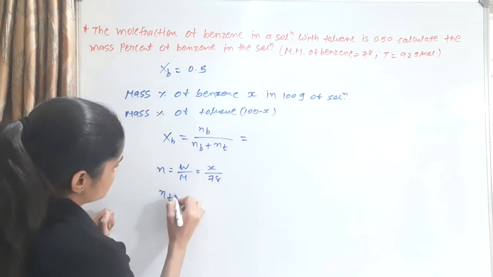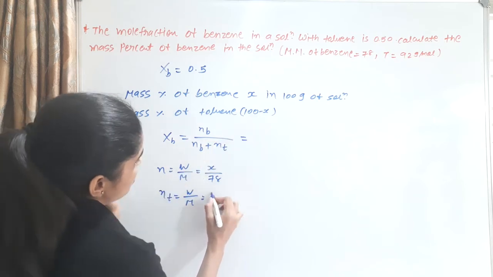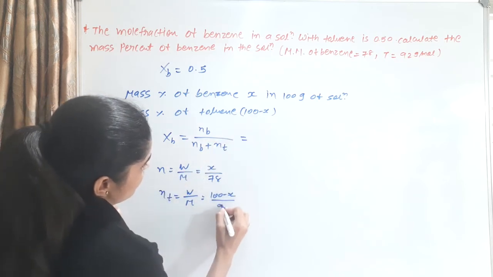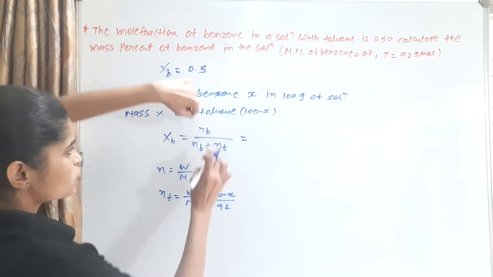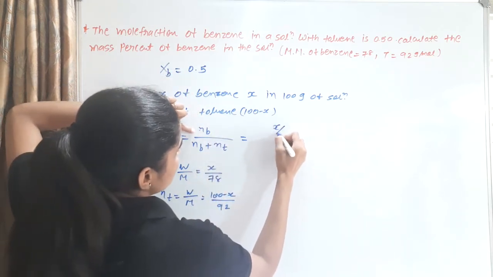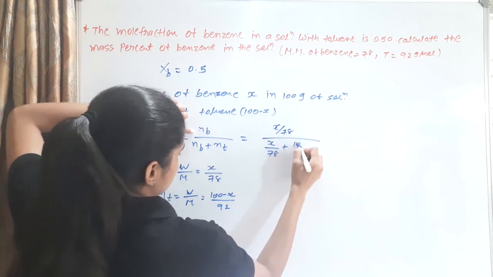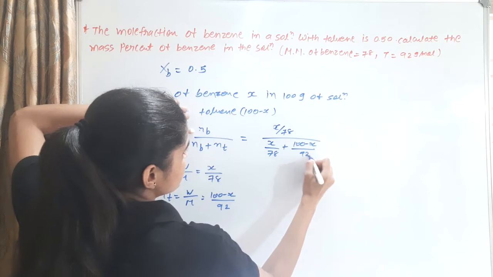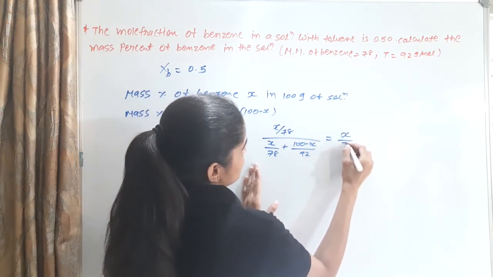Then next, moles of the toluene, W by M. That weight is 100 minus X divided by 92. This value put in this equation. So mole fraction of benzene is equal to X by 78 divided by X by 78 plus 100 minus X by 92. Solve this equation.